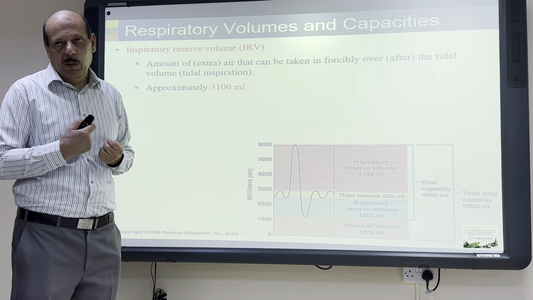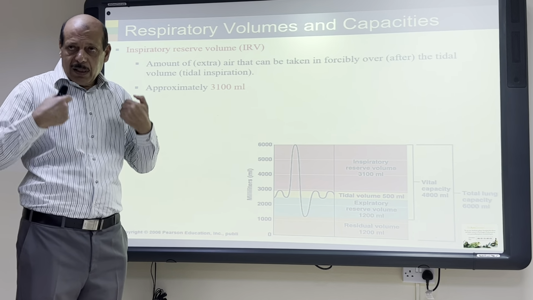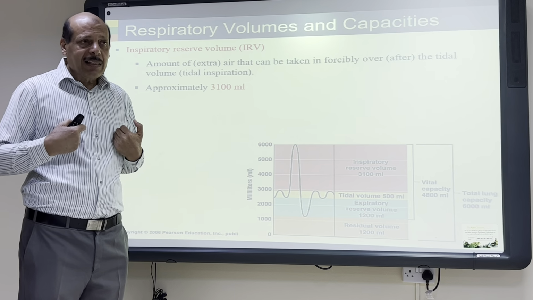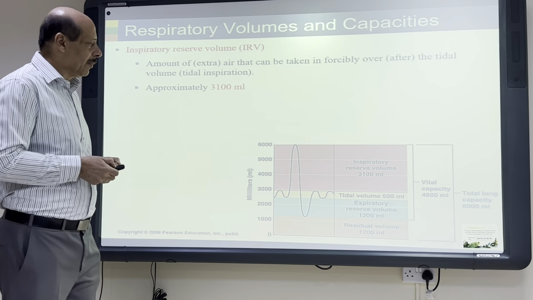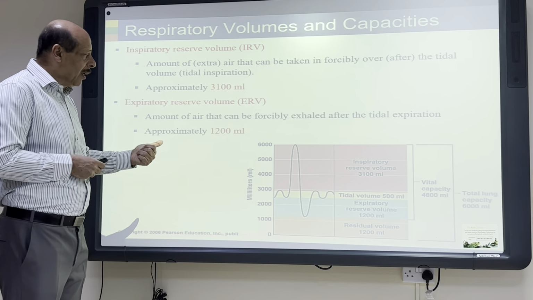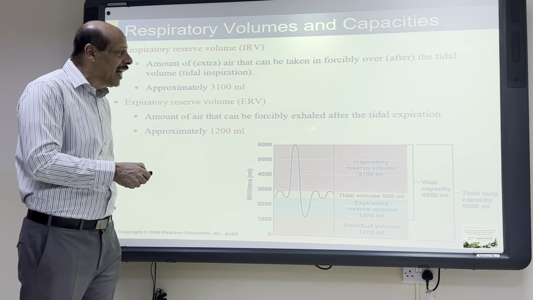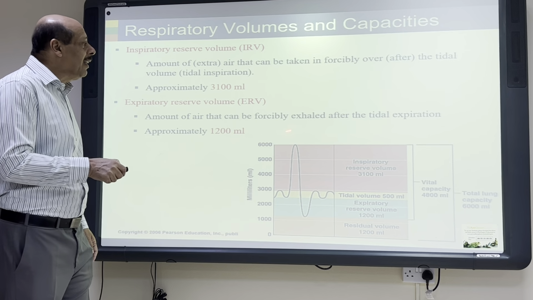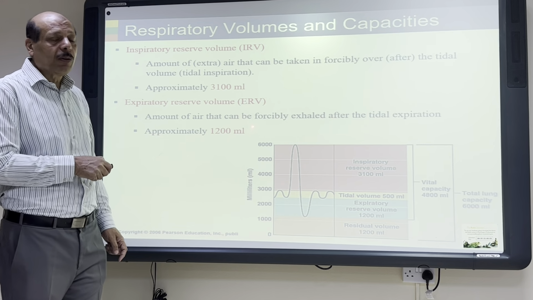After the tidal volume, I can force air inside my lungs, which is about 3,100 ml. The expiratory reserve volume is the amount of air that can be forcibly exhaled after the tidal expiration, which is approximately 1,200 ml.